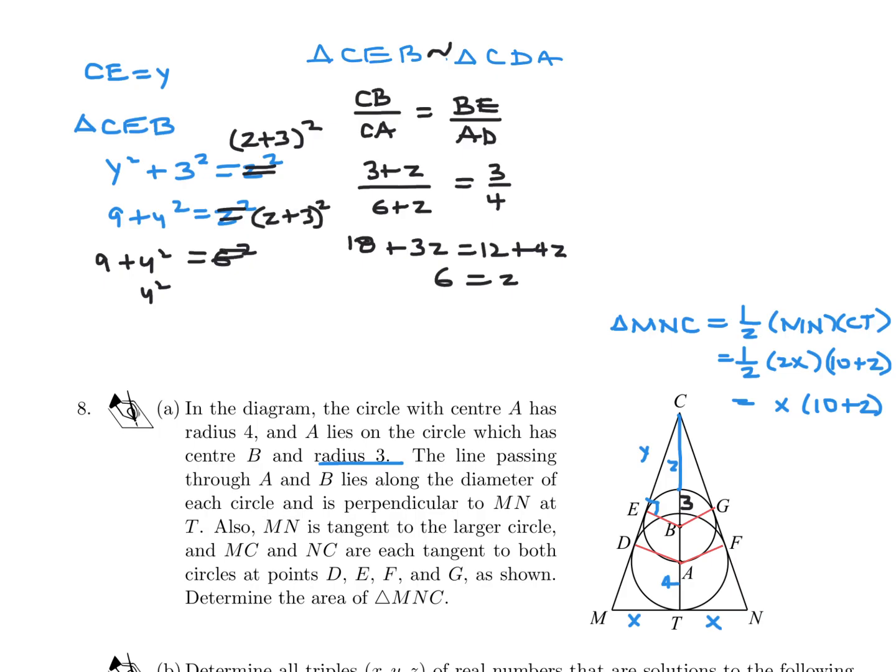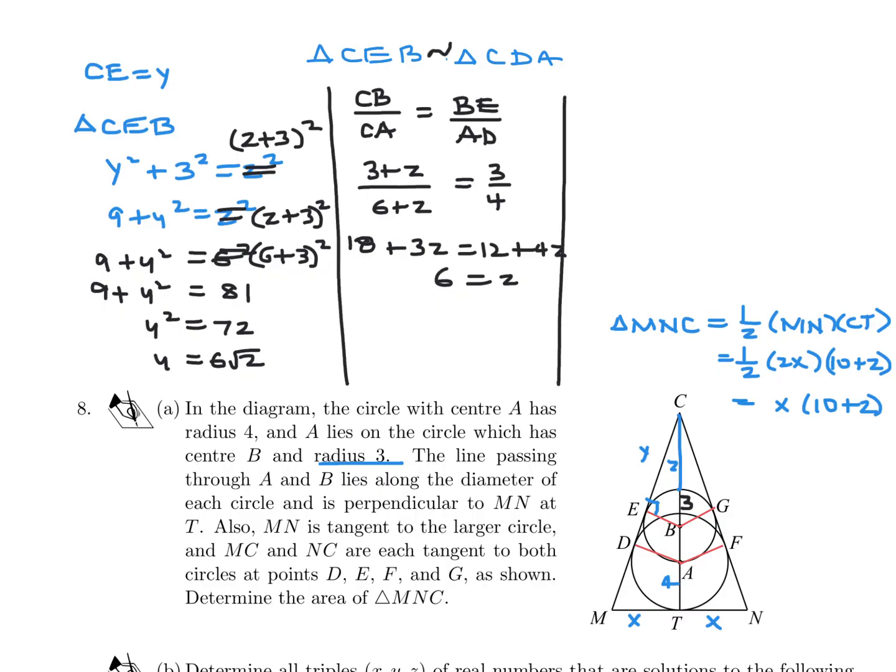So this actually is 6 plus 3 squared. So therefore, that's 9 plus Y squared is 81. Aha. So Y squared would be 81 minus 9, which is 72. And therefore, Y would be the root of 72, which is 6 root 2. Okay, so maybe I got to do that carefully. Don't make any mistakes here.